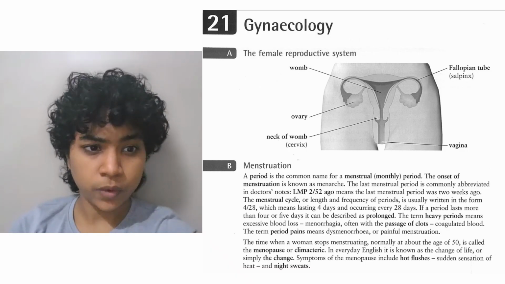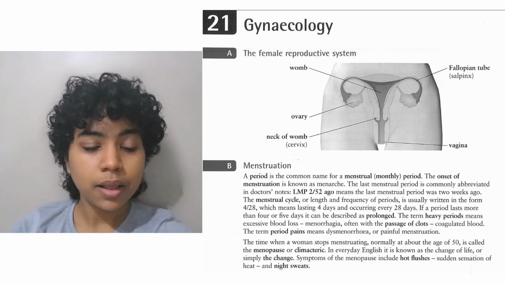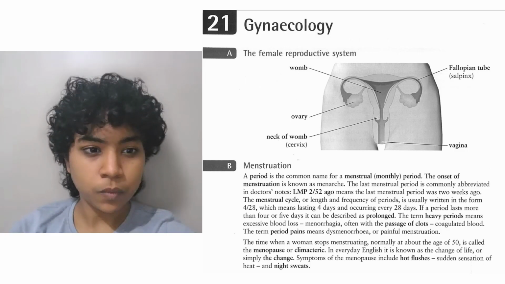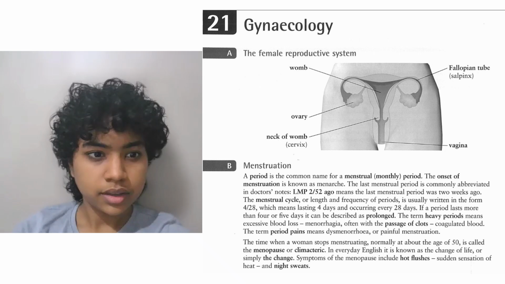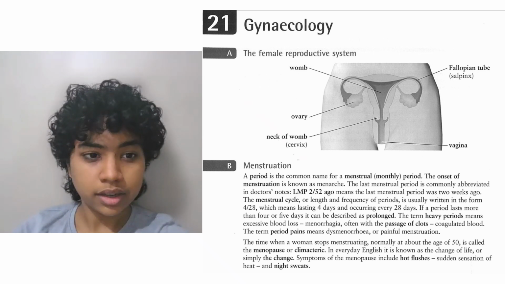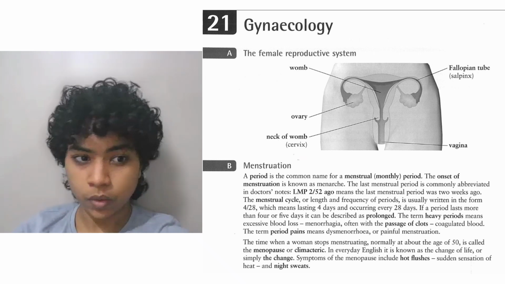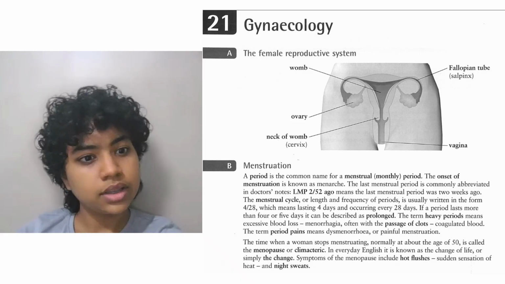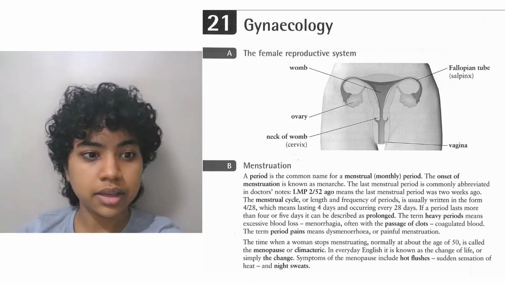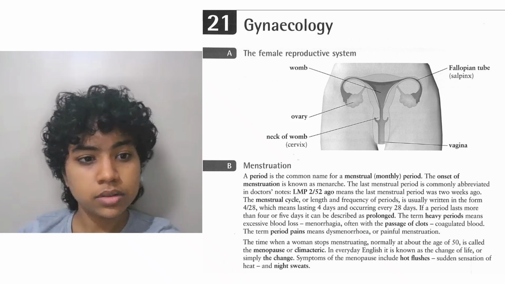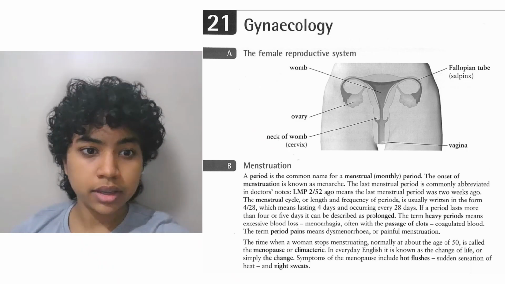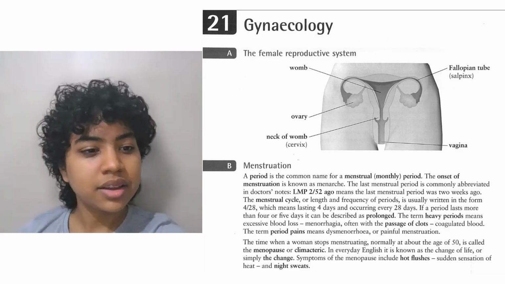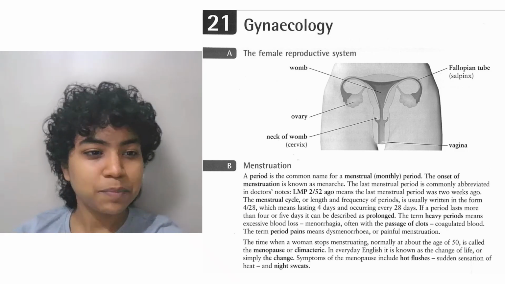The time when a woman stops menstruating, normally at about the age of 50, is called the menopause or climacteric.